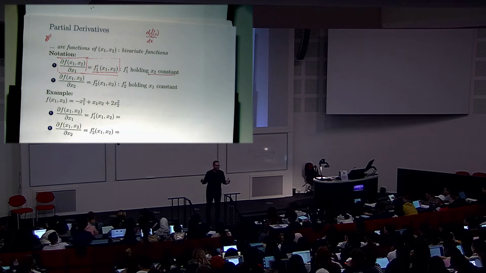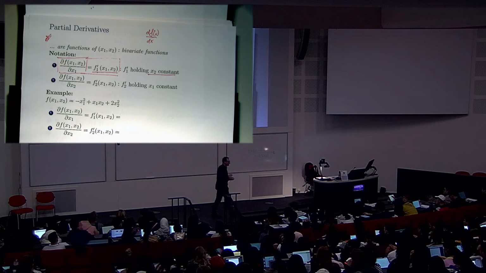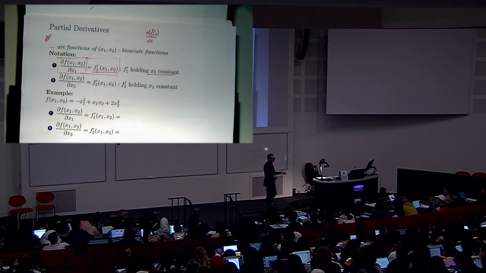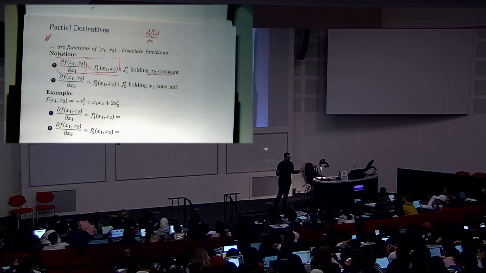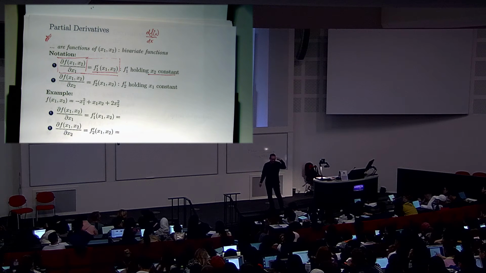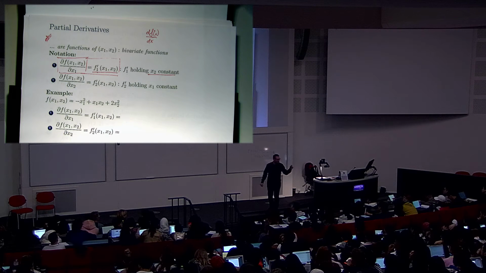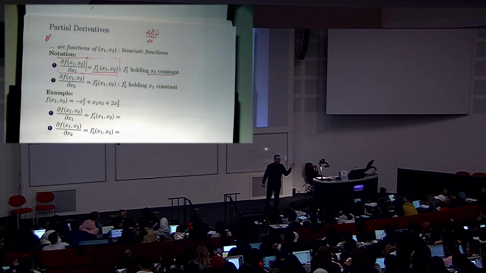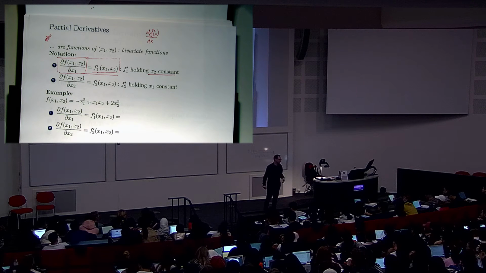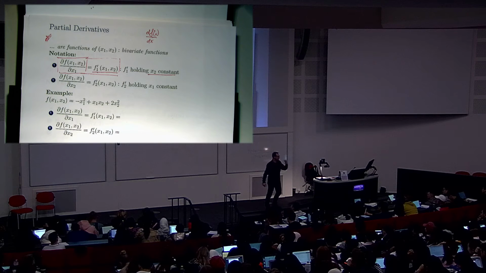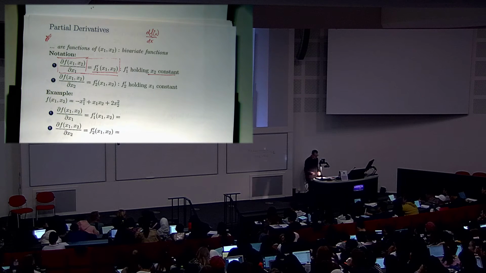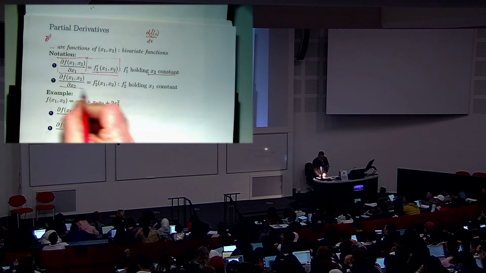That means all the techniques you've used so far to find derivatives apply without a change. The only change is in your head: if I find a derivative with respect to x1, everything else, even if it's called x, is a constant. x2, x3, x4, everything else is a constant. And then the same with respect to x2.